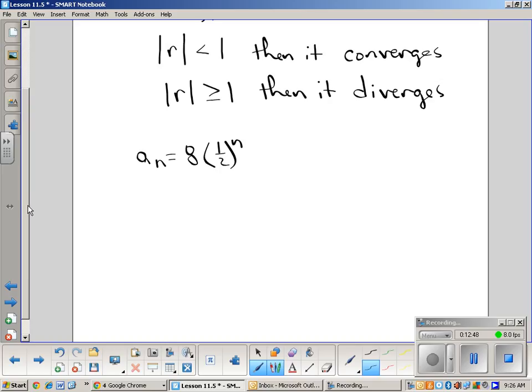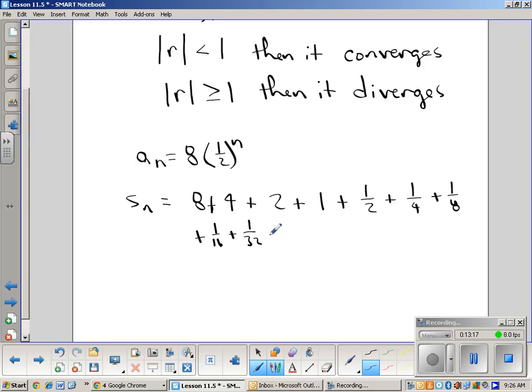And so my series, my terms would be 8 plus 4 plus 2 plus 1 plus 1/2 plus 1/4 plus 1/8 plus 1/16 plus 1/32 plus 1/64 plus 1/128 plus 1/256 plus 1/512 plus 1/1,024. Any idea what's happening to this number?